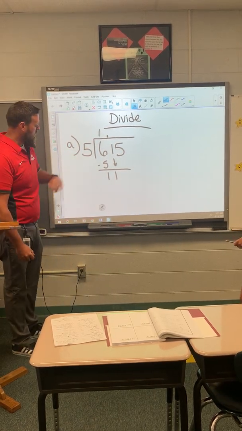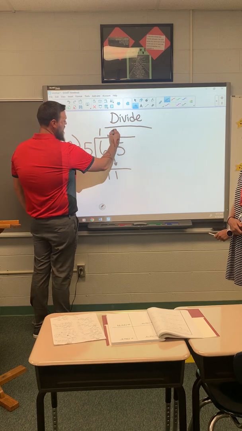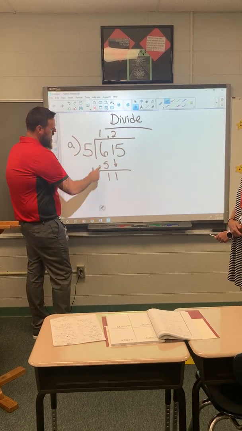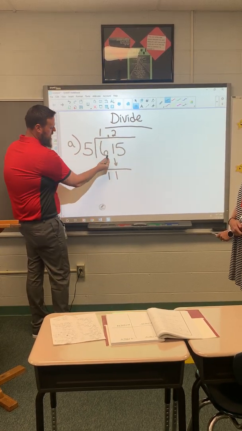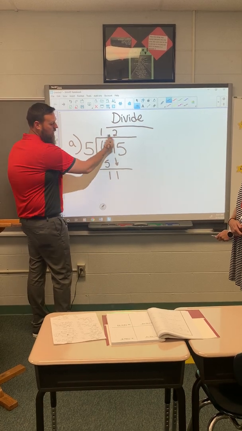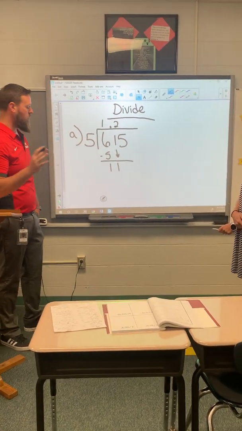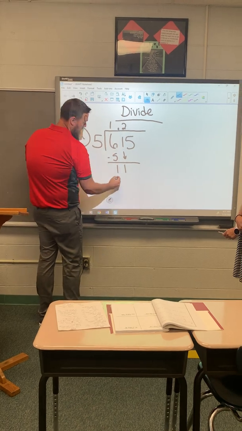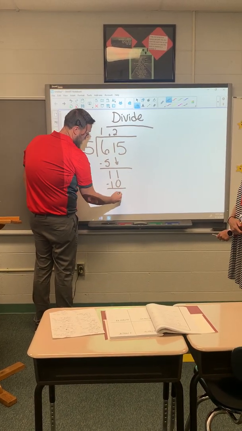So how many times will 5 go into 11? We know that is 2. You notice that I put it behind the decimal because I moved that decimal straight up. Now I know my decimal's in the right place, so I don't have to worry about that. 2 times 5 is 10. Subtract, you get 1.